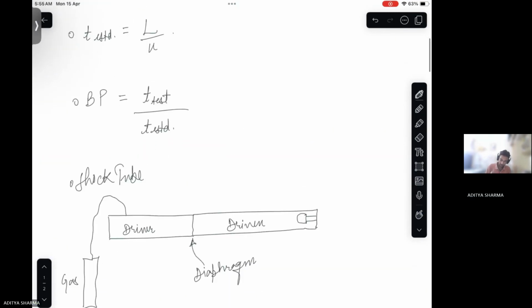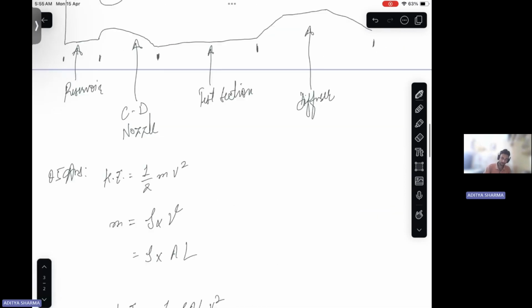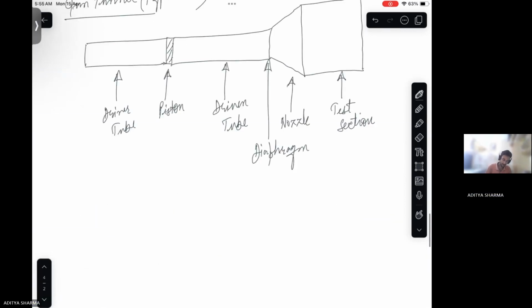So let's say we have mounted two pressure sensors here, and we are acquiring the data from our data acquisition system, right? So the distance between these two pressure sensors is 0.3 meters, right? And the time taken is this. So if we work this out, question number 11, solution.